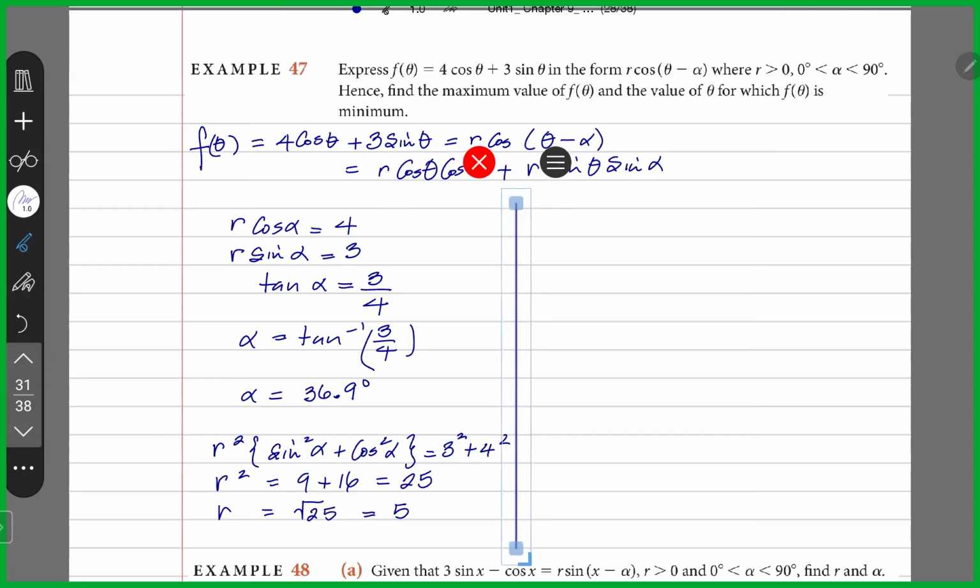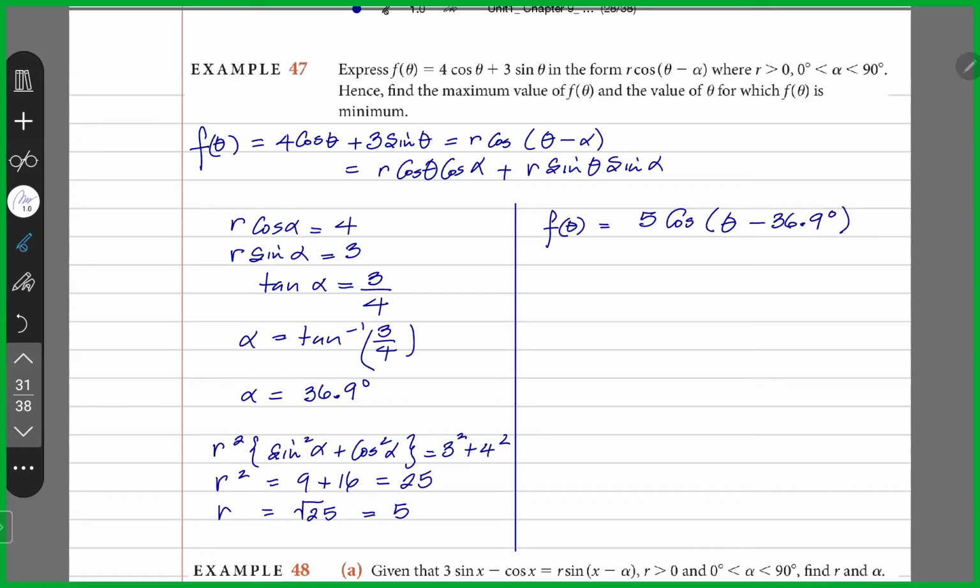So now what we have is that f of theta, which is 4 cos theta plus 3 sin theta, is equal to r, which is 5, cos(theta minus alpha), which is 36.9 degrees.